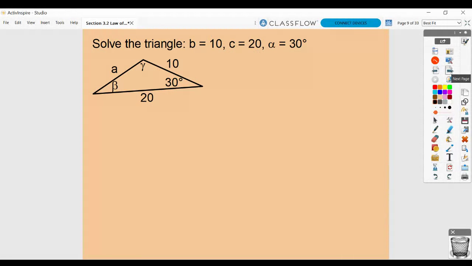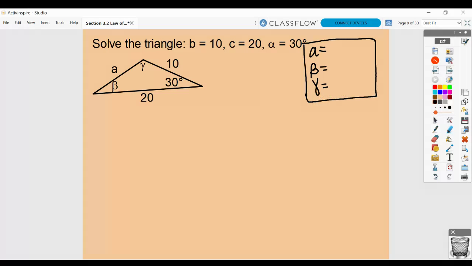Okay, here is the next example. So B equals 10, C equals 20, and alpha equals 30. So we are looking for side A, angle beta, and angle gamma.